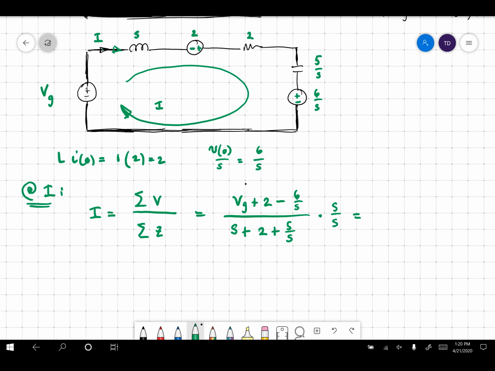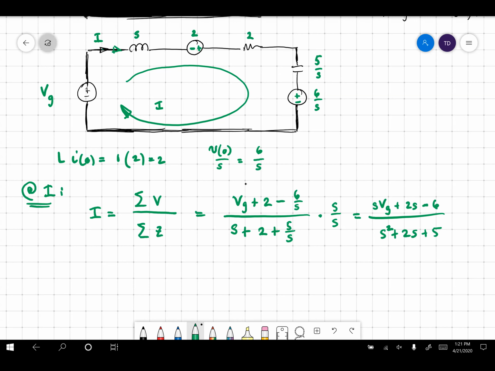Get rid of those ugly denominators. So that's going to give me S squared plus 2S plus 5, not bad. In the numerator, S VG plus 2S minus 6. So that is what I is equal to.